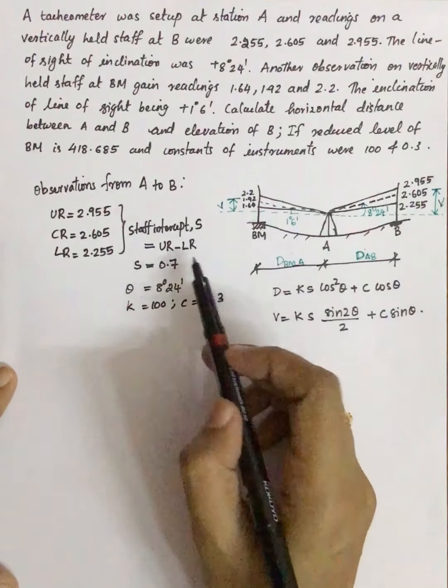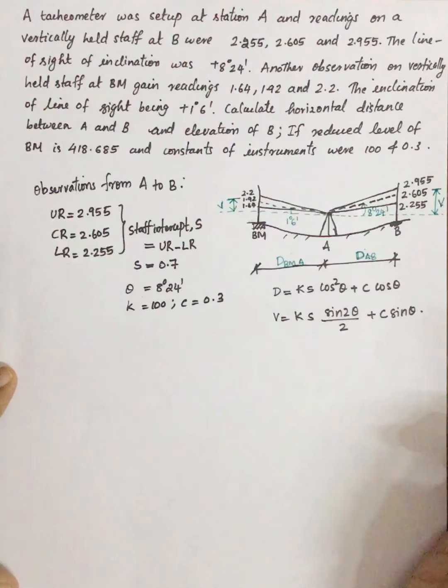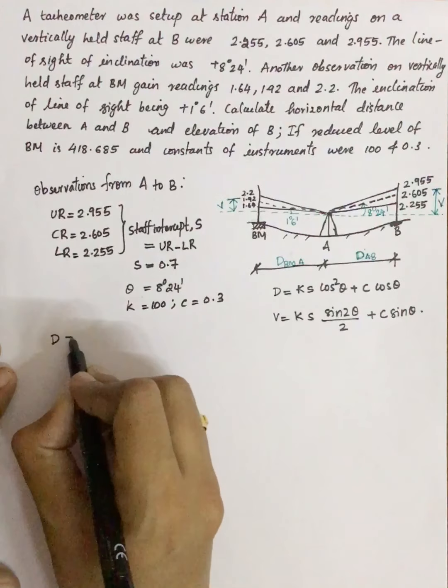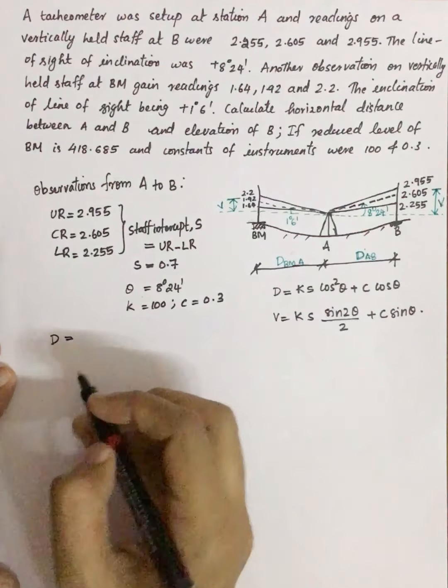So from using all these values, you can easily calculate D and V. Okay, so D, distance, is equal to Ks cos square theta plus C cos theta.